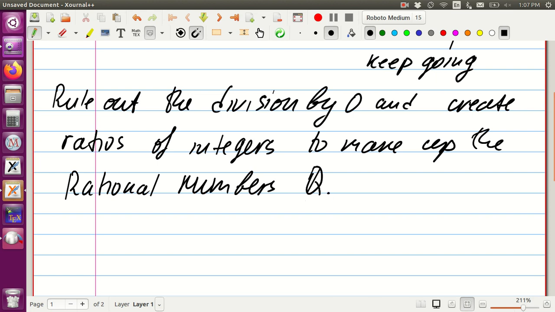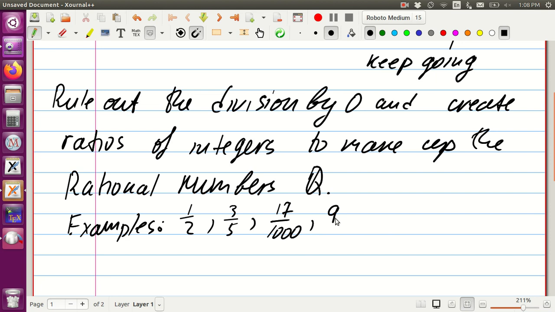So what would be the examples for the rational numbers? Like 1/2 would be there, 3/5 will be there, 17 out of 1,000 would be there, also number 9 would be there. All integers will be inside of it because we can think of 9 as 9 divided by 1.